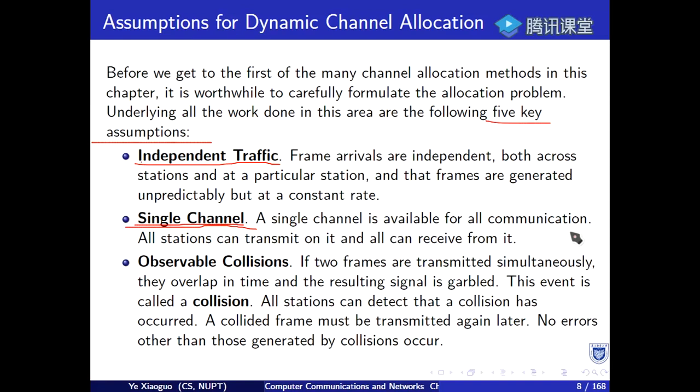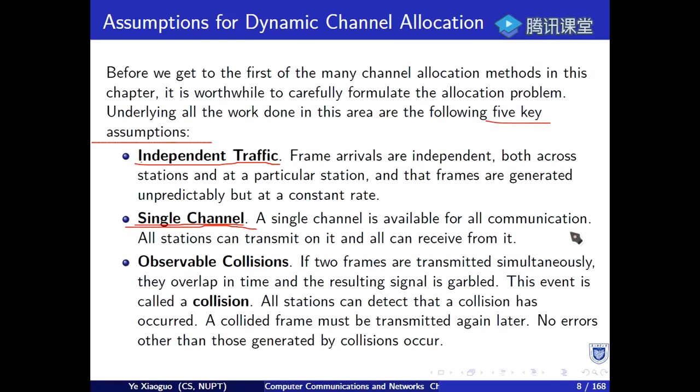The third point is observable collisions. What is a collision? If 2 frames are transmitted at the same time, they overlap in time, and the resulting signal is garbled. This event is called a collision.